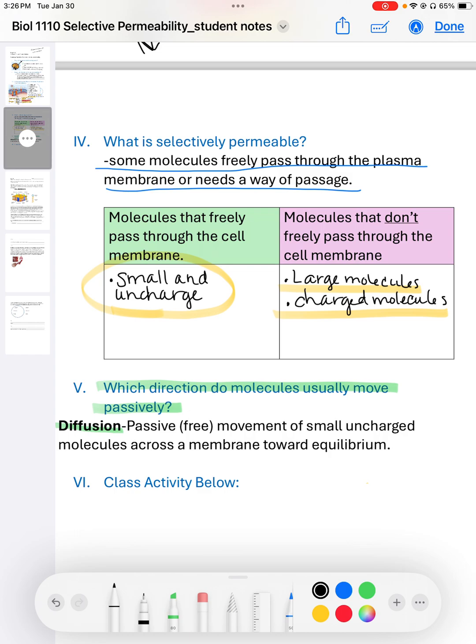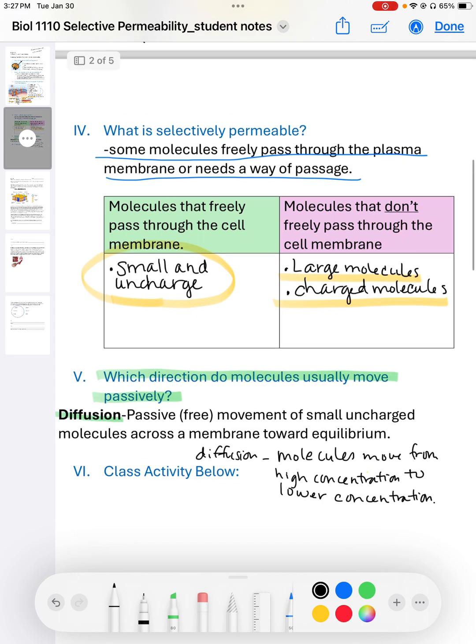Generally with diffusion, molecules move from a high concentration to a lower concentration. So that's usually the definition for diffusion.